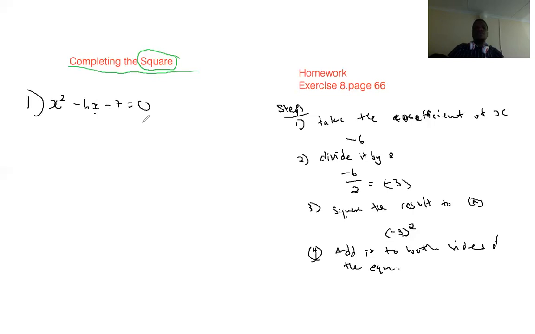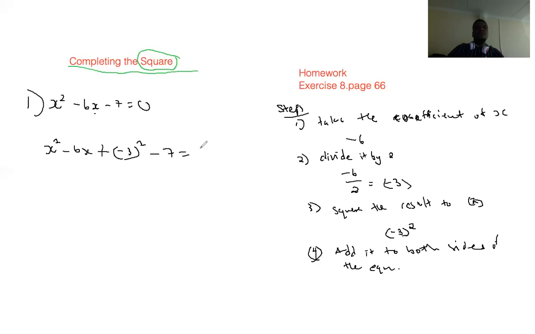So to this side of the equation, we are going to add this guy. So we come here, we say x squared minus 6x. Now normally what I do here, I add this one just after the 6x, because remember we took it from the 6 squared x. Then I have a minus 7.